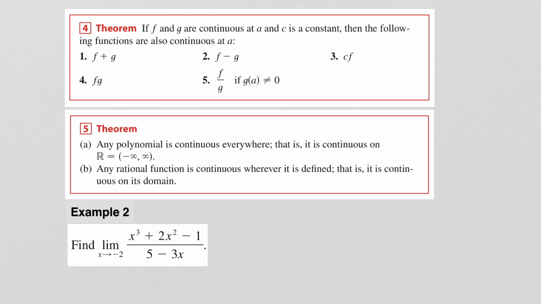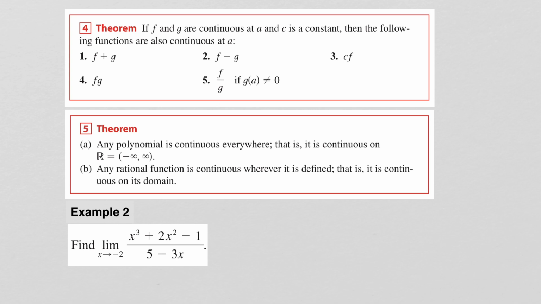Now we have some really intuitive and basic theorems, but these theorems are extremely important. The first theorem says if f and g are continuous functions at a and c is a constant, then when you add those two functions, subtract those two functions, multiply a function by a constant, multiply two functions together, or divide two functions, all those functions are continuous as well.